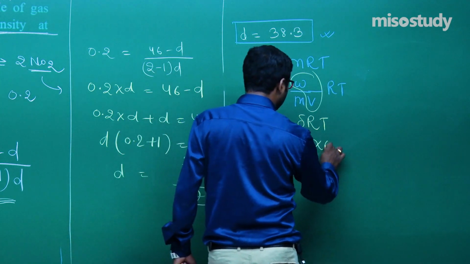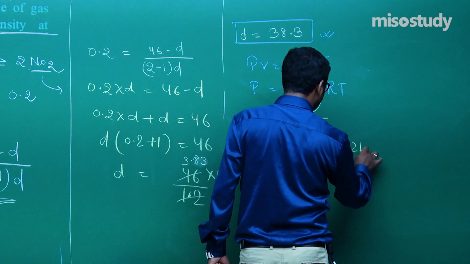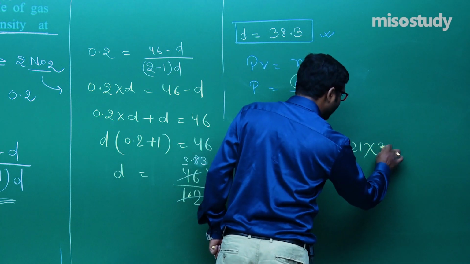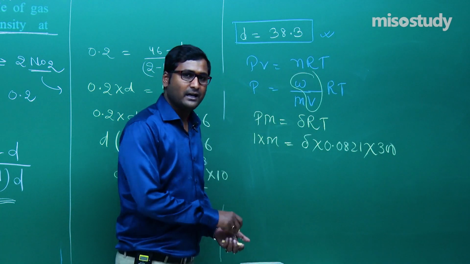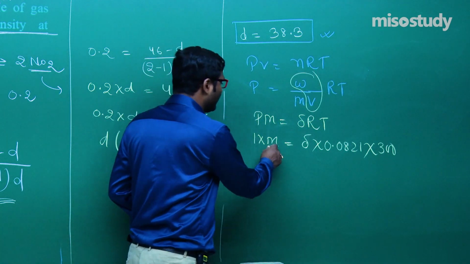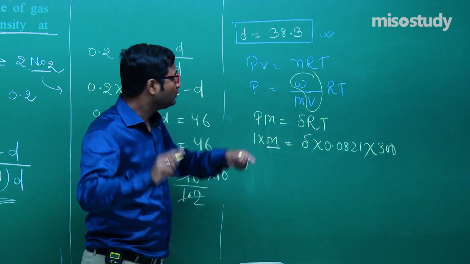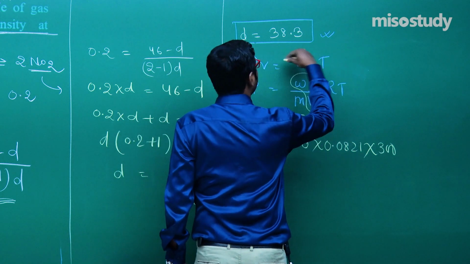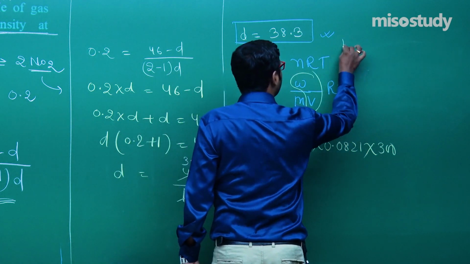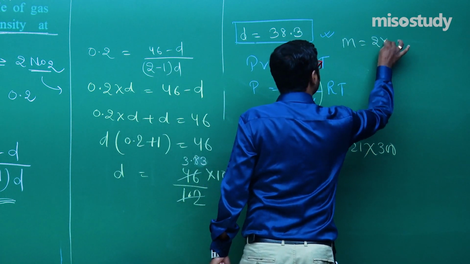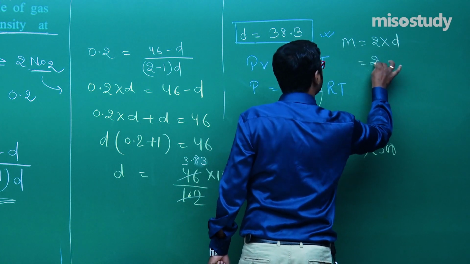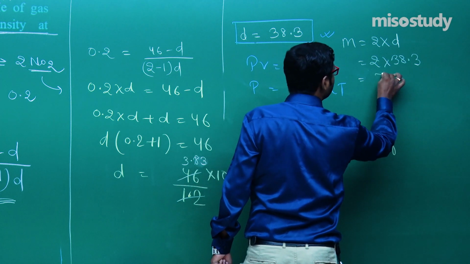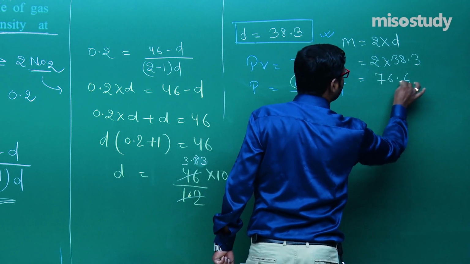What is the value of rho? We do not know. Put the value of R, 0.0821. Now what is the value of T? 27 degrees Celsius, that is 300 Kelvin. Here one thing I have to mention: we do not know the M, due to this reason we have to find this value. Molar mass is equal to 2 into vapor density, that is 2 into 38.3, that is 76.6.